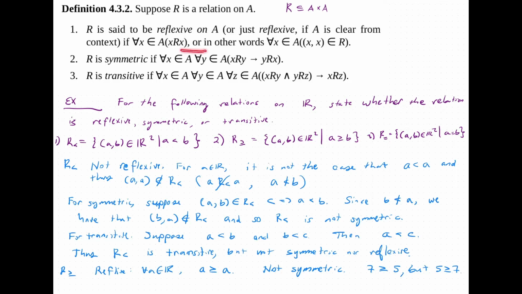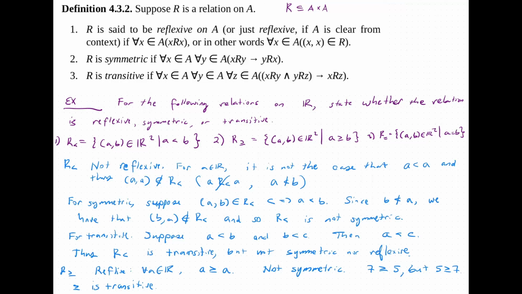But for symmetric, we need this to be true for every single real number x and y, such that x is greater than or equal to y. And so we now have our counter example. So not symmetric, but greater than or equal to is transitive. And so you can verify that one.